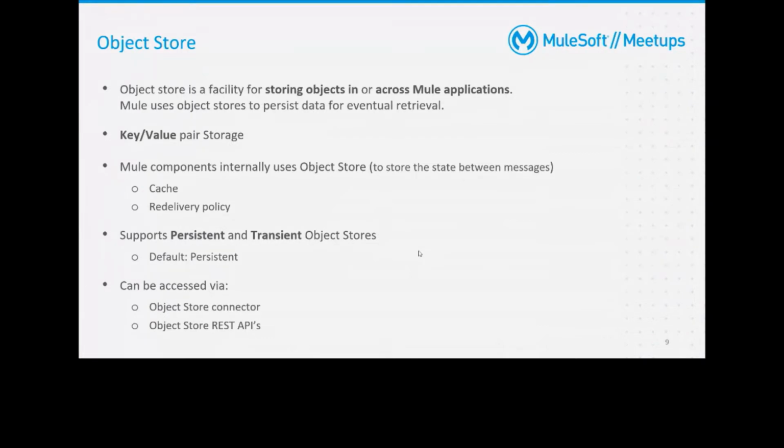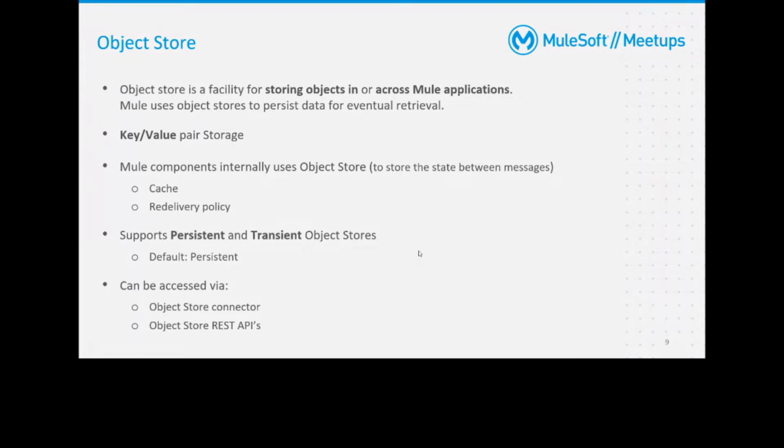This object store supports persistent and transient. Persistence means the data is saved somewhere on your disk. Transient means it is saved in memory. By default, whenever you configure an object store, it is persistent.